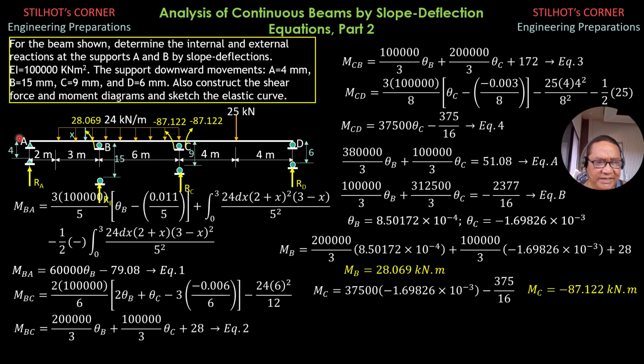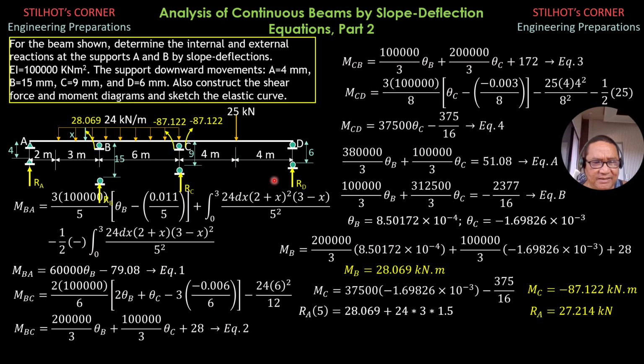Then considering AB, summation moment B equals 0 to solve for RA. So RA clockwise positive. RA times 5 equals 28.069 plus 24 times 3 times 1.5. So RA is equal to that value.